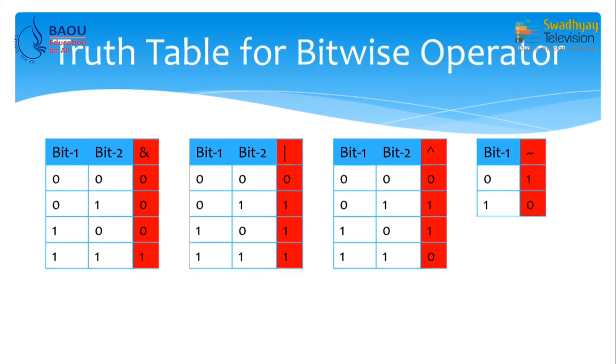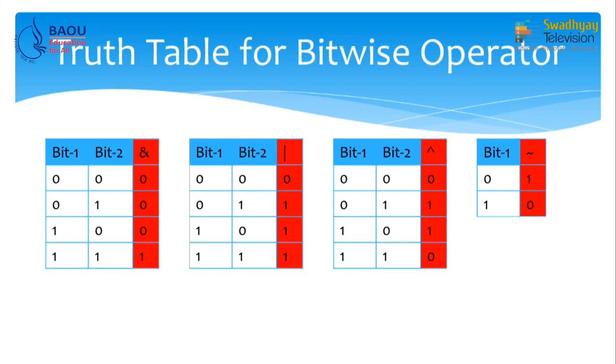Similarly, we have 1 0, so it again returns 1, because the first bit is set to 1, and in the last we can see we have 1 1, so again it returns 1. So, we can say in case of bitwise OR, we always get 1 if one of the bits is set to 1, and we only get 0 if both bits are set to 0.